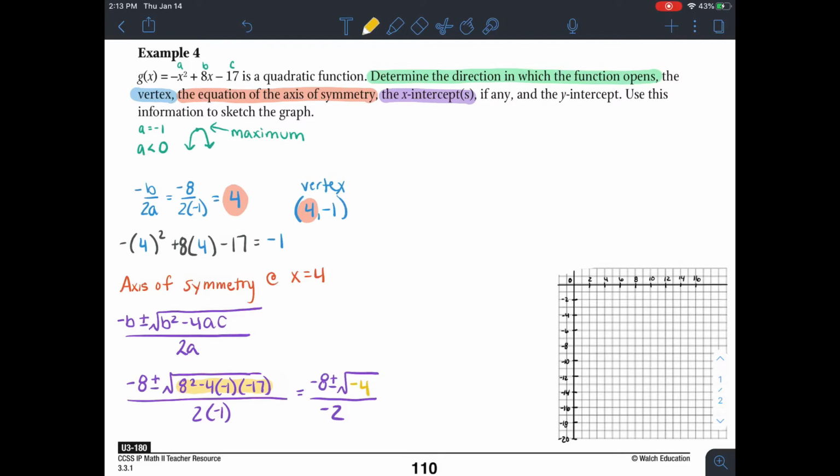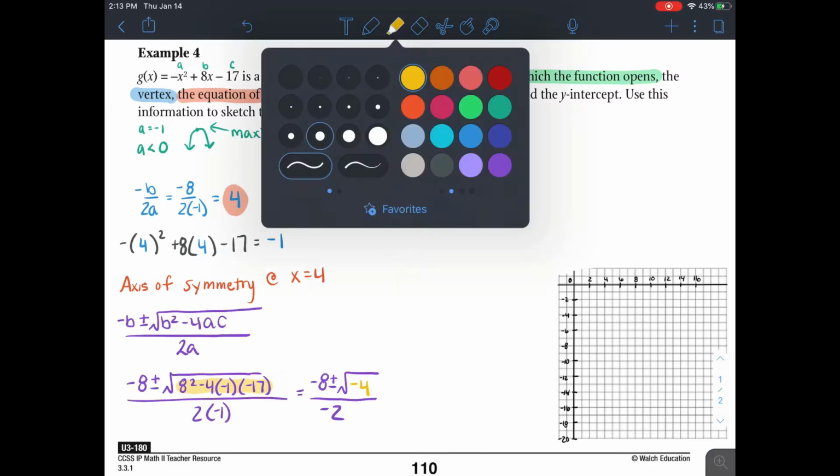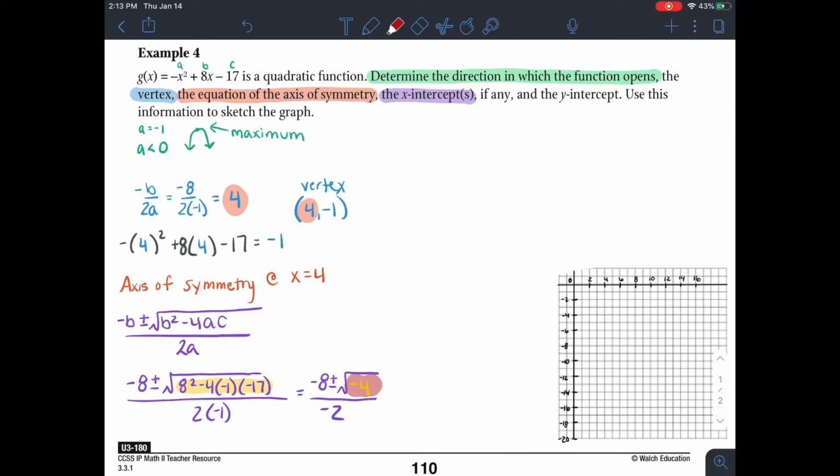Now before we go any farther, remember when we talked about the discriminant, that number that is underneath: anytime this number underneath is a negative number, we instantly have no solution. We have no x-intercepts.